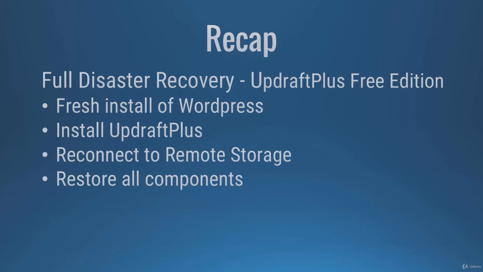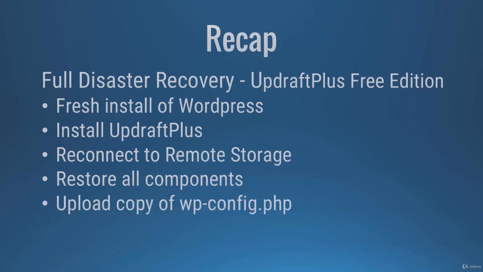So restore all of the components, upload a backed up copy of your wp-config.php, so just make sure you use the hosting provider's cPanel file manager to keep a local copy of your wp-config.php file, or even just upload it to Dropbox or your remote storage provider too, so you've got at least 2 copies. And similarly the htaccess file that you uploaded to your web root.